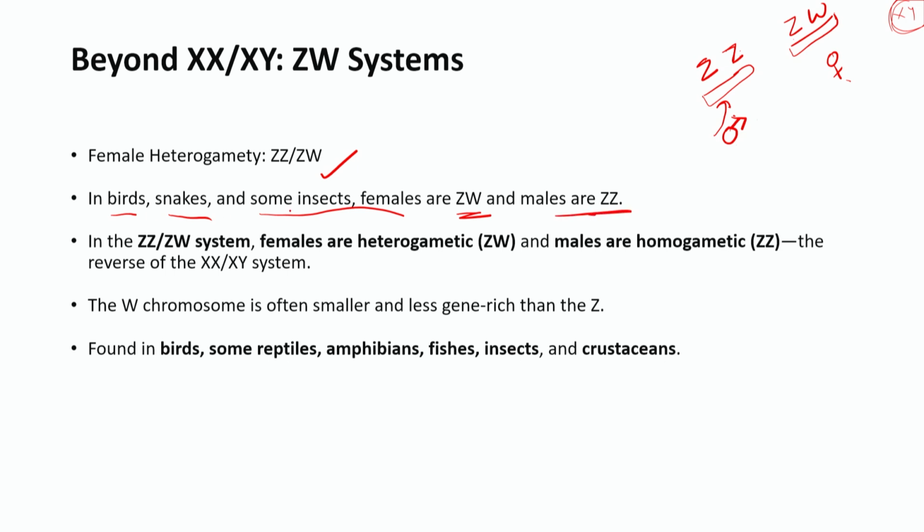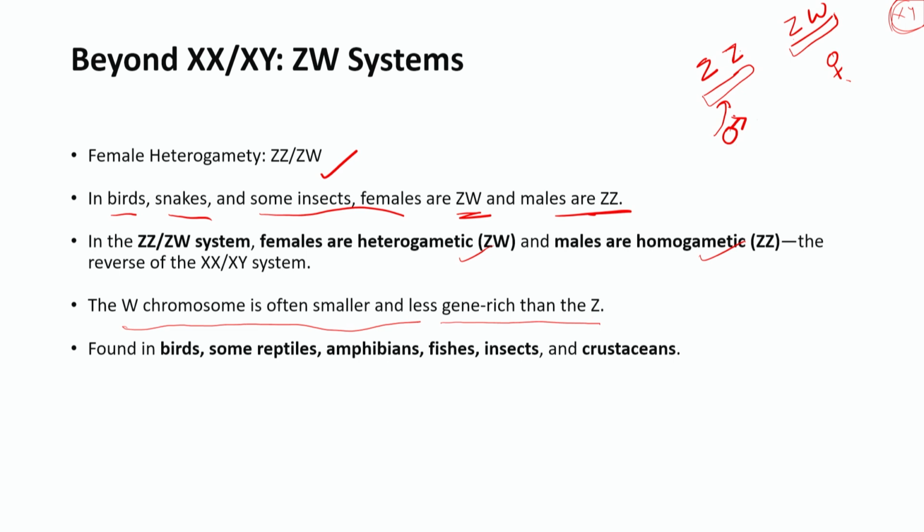Remember, sometimes this is asked, where these ZW and ZZ systems are found. As I just mentioned, females are heterogametic and males are homogametic. I already introduced you to these terms at the beginning of my class so that you don't get confused, right? And the W chromosome is often smaller and has fewer genes compared to the Z chromosome.